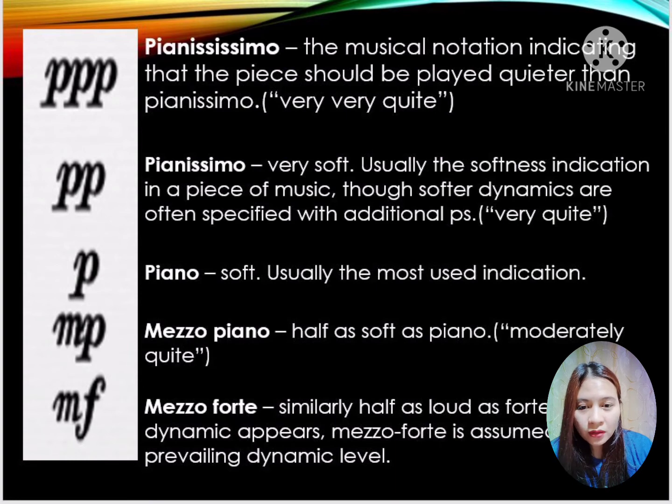Next is mezzo piano, half as soft as piano, or moderately quiet. Next is mezzo forte, similarly half as loud as forte. If no dynamic appears, mezzo forte is assumed to be the prevailing dynamic level.